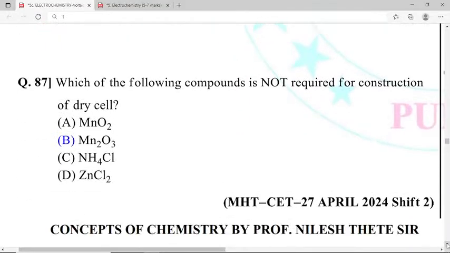Understand everyone? Which of the following compounds is not required? Same pattern question. Okay, if you understand the 2024 question number 87, please comment about question number 87. Which of the following compounds is not required for construction of dry cell? Mn2O3.